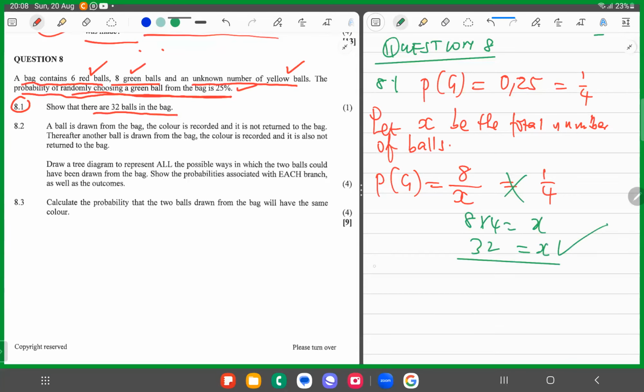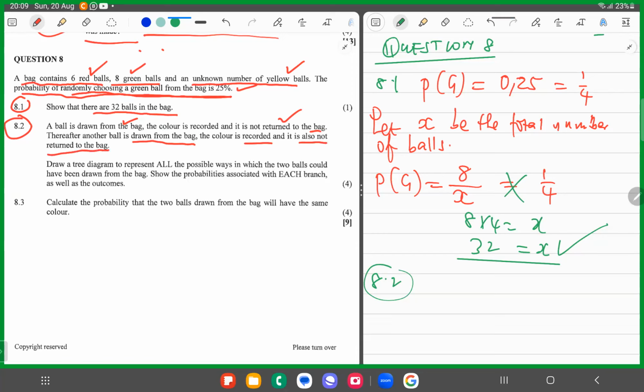Okay, we'll look at the next question, 8.2. A ball is drawn from the bag. The color is recorded and it is not returned to the bag. Thereafter, another ball is drawn from the bag. The second time, the color is recorded and it is also not returned to the bag.